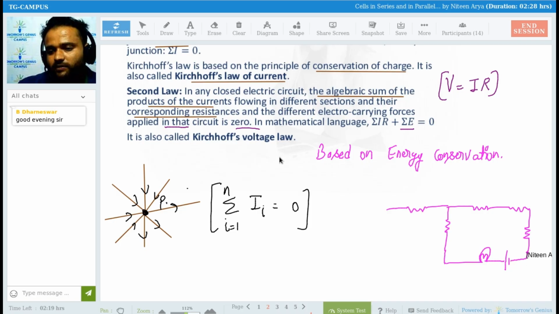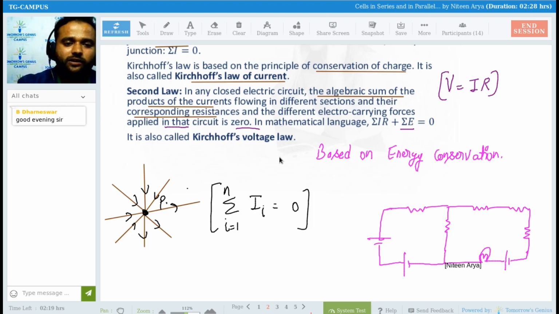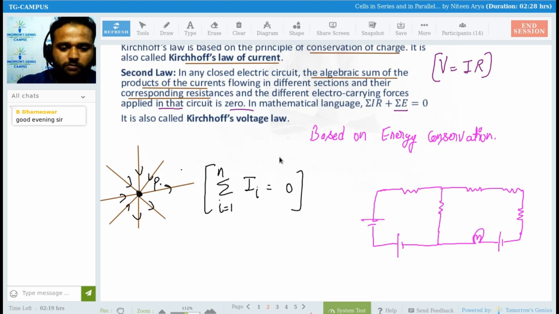Now suppose we have one voltage here, a second voltage here, and a third voltage here. In this particular branch or combination, suppose the points are A, B, C, D, E, F.